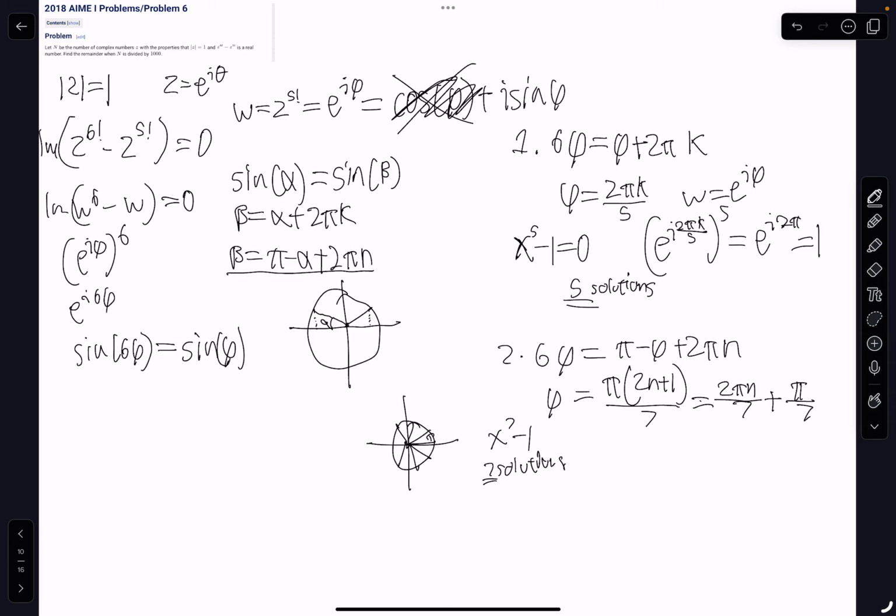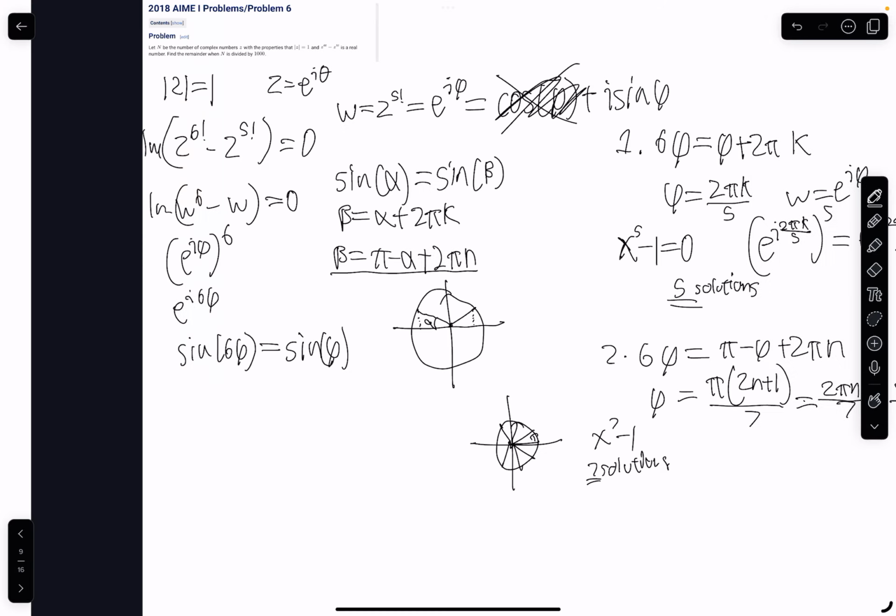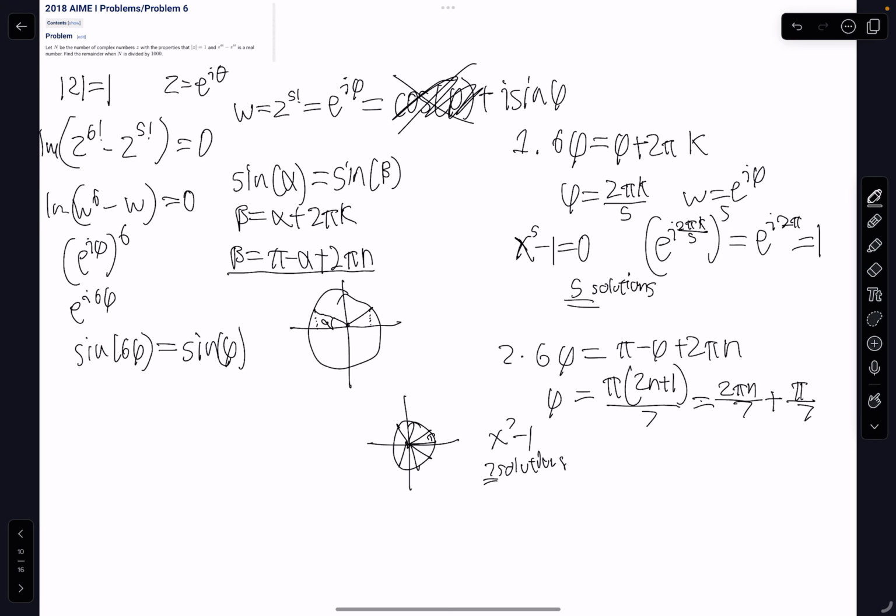And now to understand why this is going to make it so much easier for us to solve for Z, we can think about what happens with W, right? So W is going to equal e to the i phi, and that's Z to the 5 factorial, which means e to the i phi over 5 factorial equals Z, right?